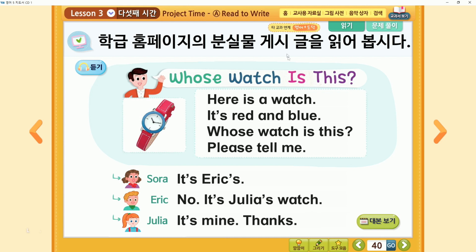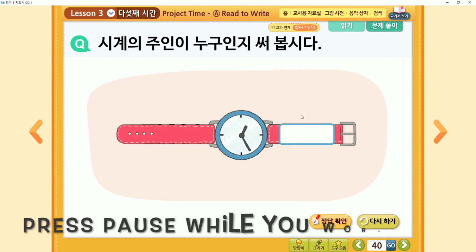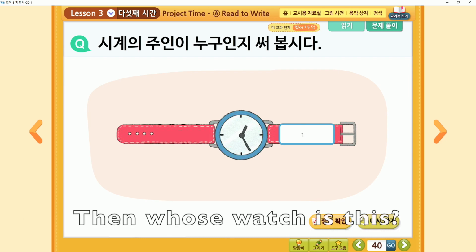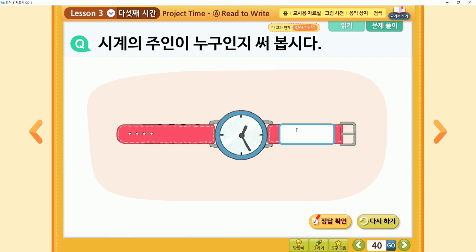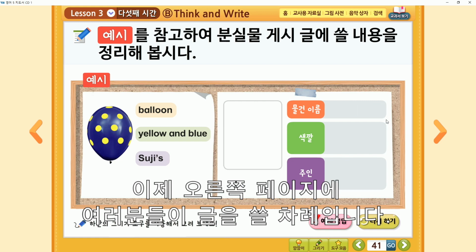Thanks. Okay, now let's do the problem. And whose watch is this? Write the name. Okay, then whose watch is this? It's Julia's watch. On the right page, it's your turn.